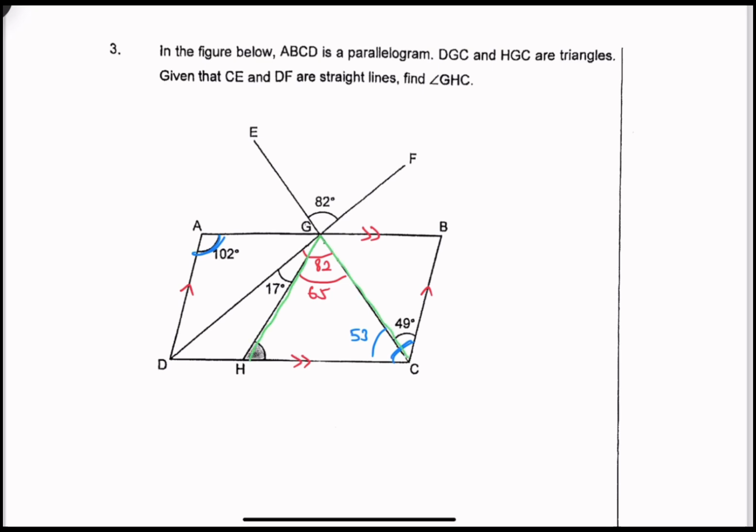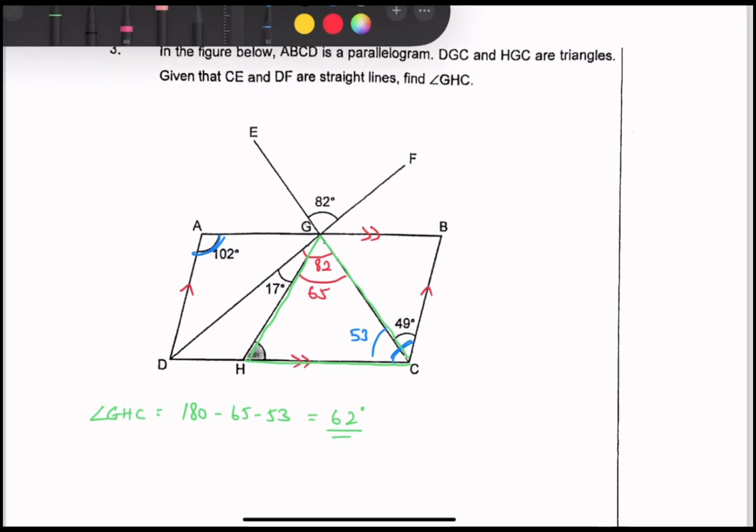The sum of angles in a triangle is 180. So 180 minus 65 minus 53 will give you the angle GHC, which is 62 degrees. So the answer is 62 degrees.